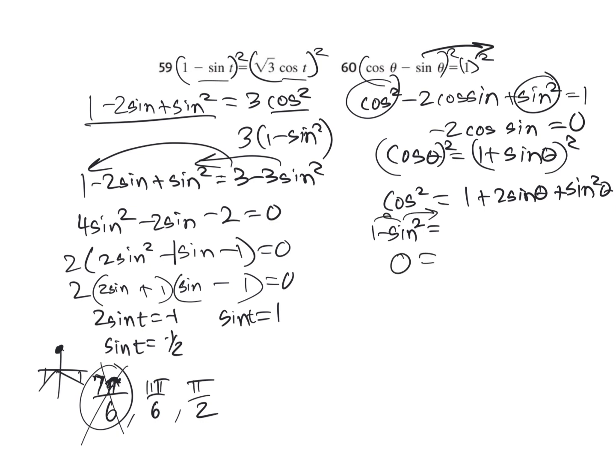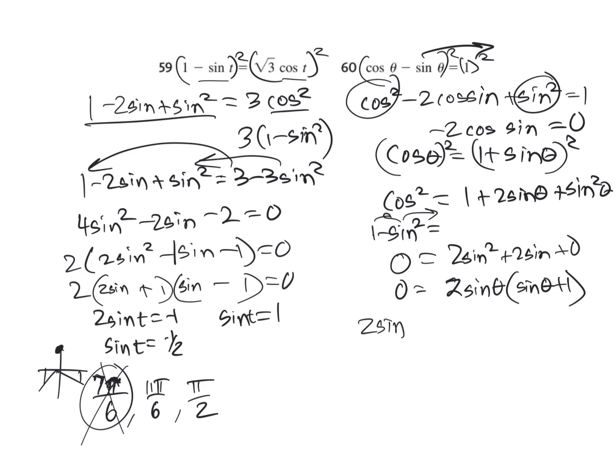So 0 equals, we're going to add sine squared to sine squared. That's 2 sine squared plus 2 sine. And subtract 1 from 1, we get 0. So now we can factor out a 2 sine, and we get sine of theta plus 1. All right, so 2 sine of theta equals 0, or sine of theta plus 1 equals 0.